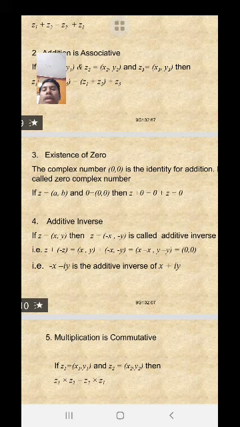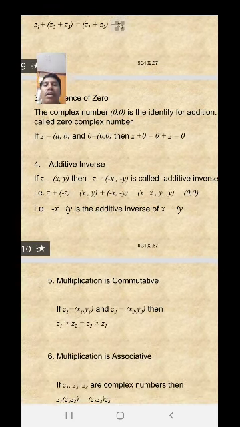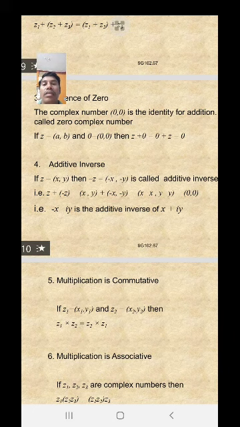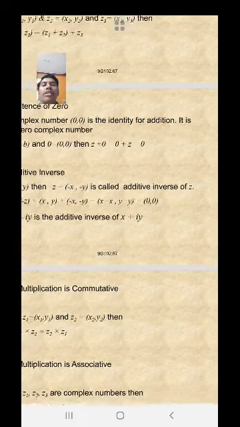Next, fourth point, additive inverse. If z = (x, y), then -z = (-x, -y) is called the additive inverse of z.